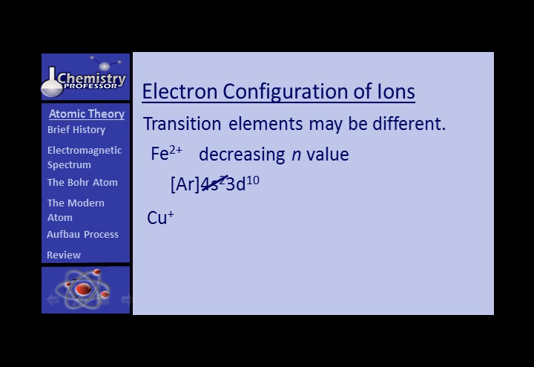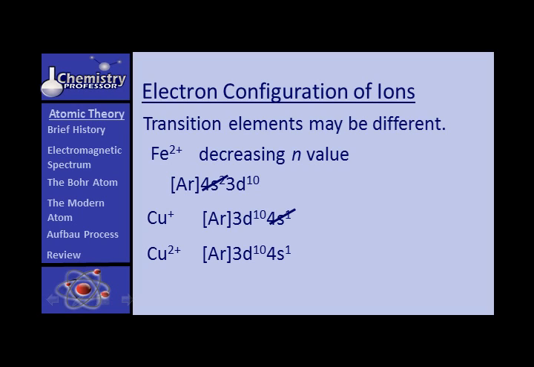Let's try another one. Let's look at the cuprous ion. Now, copper has this electron configuration, and we have to remove 1 electron. Which one shall it be? Well, yeah, that makes a lot of sense, doesn't it? We will remove that 1 electron, and now we have the argon core with 3d10. But what about the cupric ion?